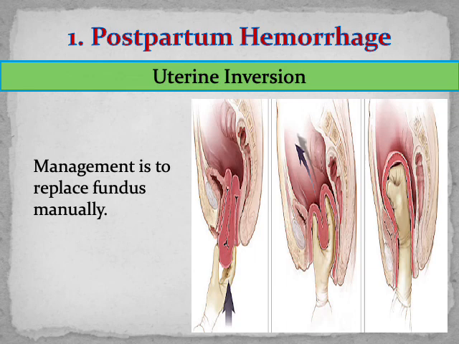Initially, a nitroglycerin or a tocolytic is important, and that will relax the uterus. In this case, a relaxed uterus is needed because you cannot put back inside a contracted uterus. So, it will replace the fundus manually.